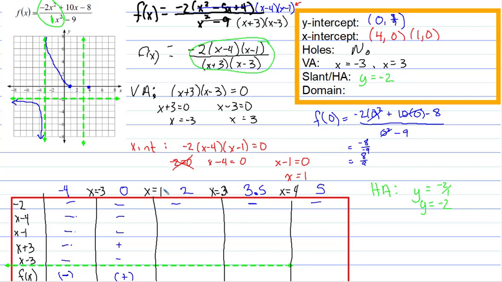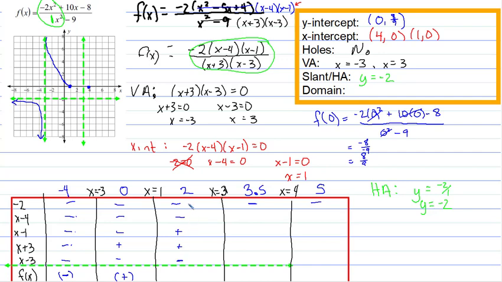Now, let's look at between 1 and 3. So this little piece that goes between that 1 and this 3 asymptote. What am I going to do? Am I going to go back up or am I going to go down? So let's find out. If I plug in 2, 2 minus 4 is negative. 2 minus 1 is positive. 2 plus 3 is positive. 2 minus 3 is negative.